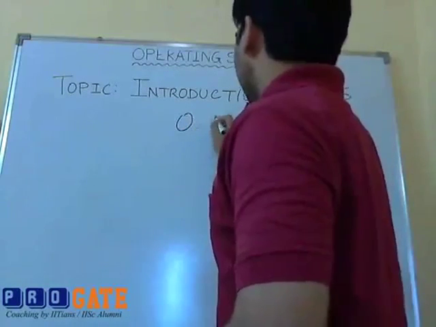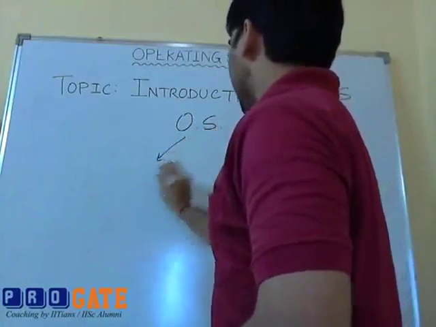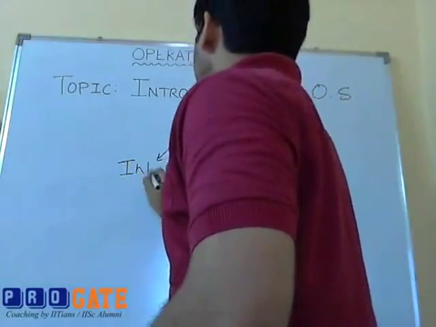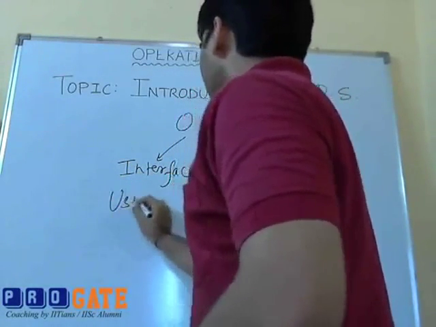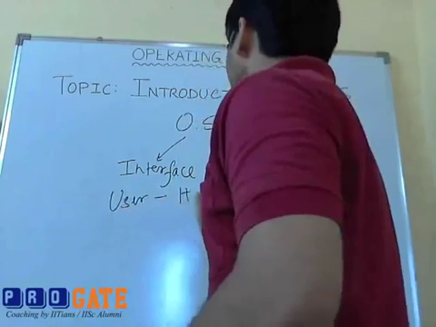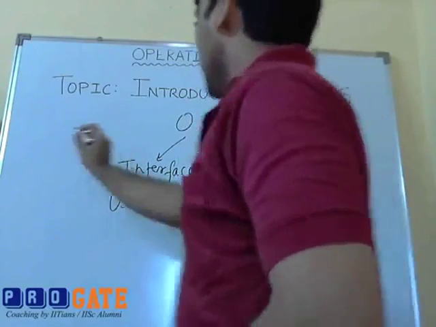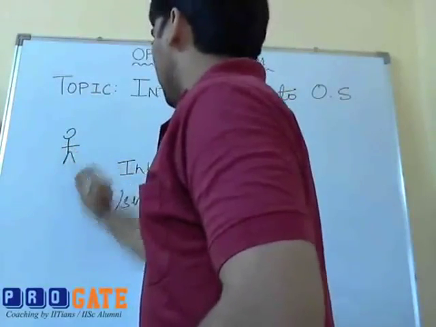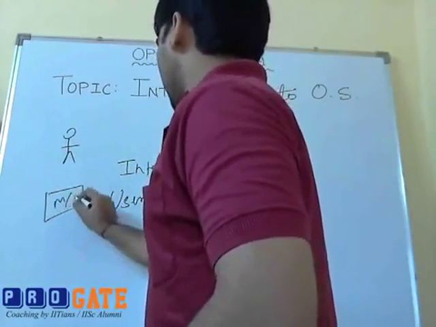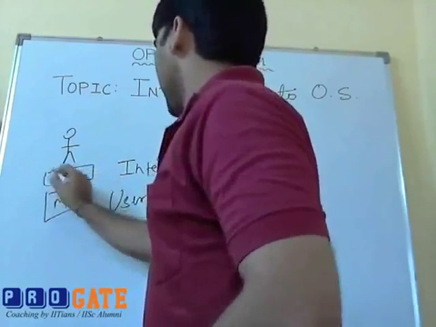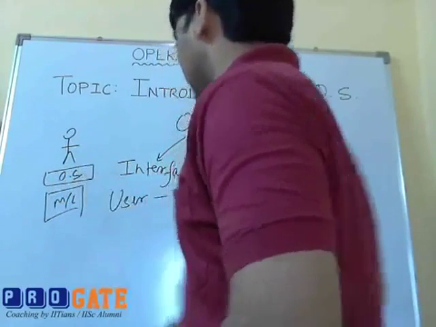According to the first, an operating system is an interface between the user and the hardware. If this is you and this is the machine, the operating system is somewhere here.